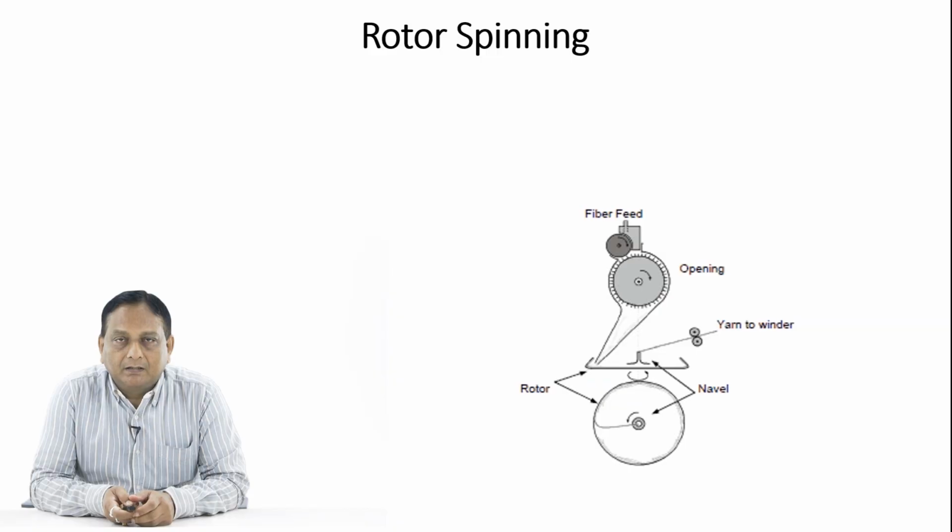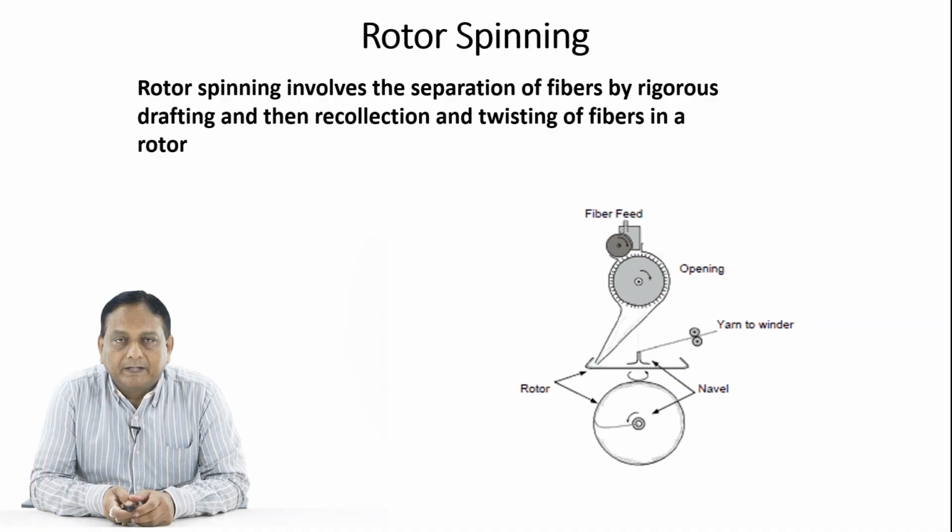As you can see in the figure, a schematic view of how the operation takes place. This involves the separation of fibers by rigorous drafting and then recollection and twisting of fibers in a rotor, as we can see here in the figure.